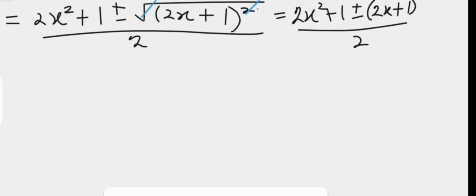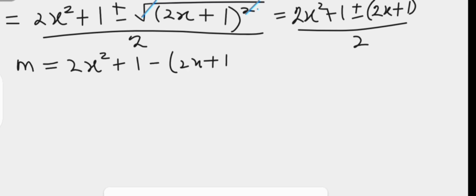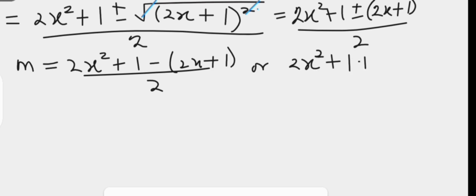At this point, we are going to separate the two roots so that m is (2x squared plus 1 minus 2x plus 1) over 2, or m is going to be (2x squared plus 1 plus 2x plus 1) over 2.